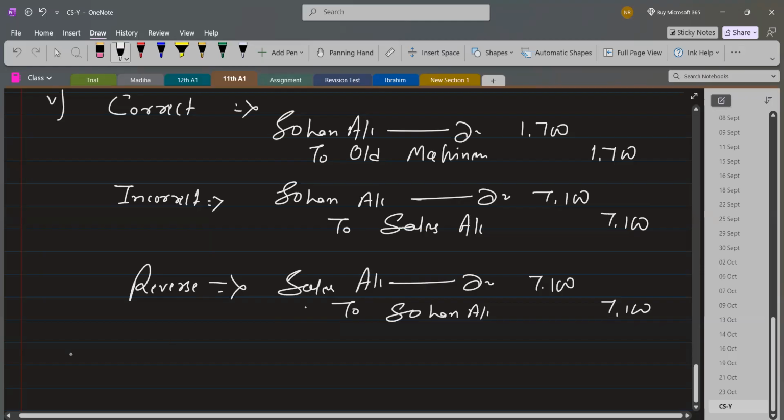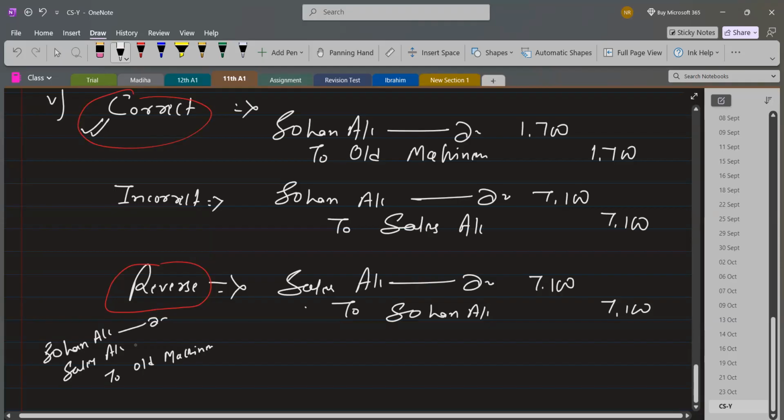You have to tell me the rectification entry. For the rectification one, you have to combine the correct one and the reverse one. Sir, we can't cancel Sohan, right? Because the amount is different.